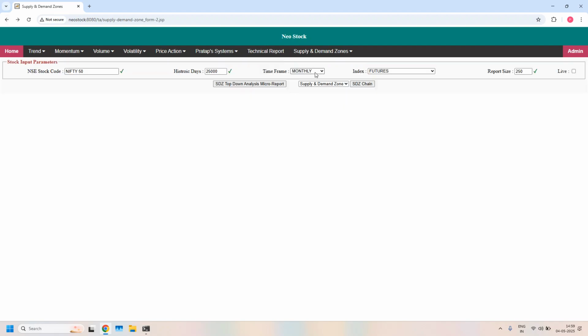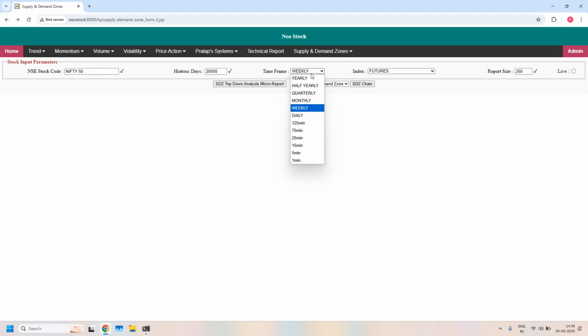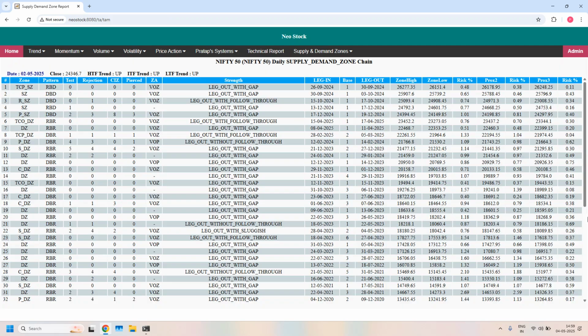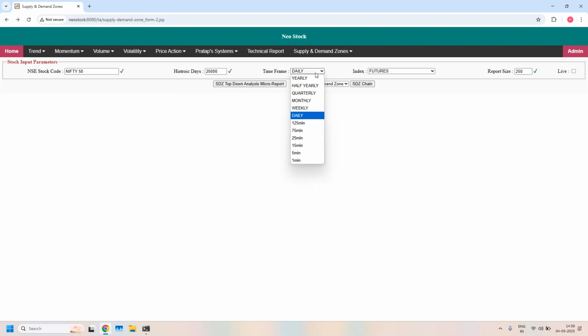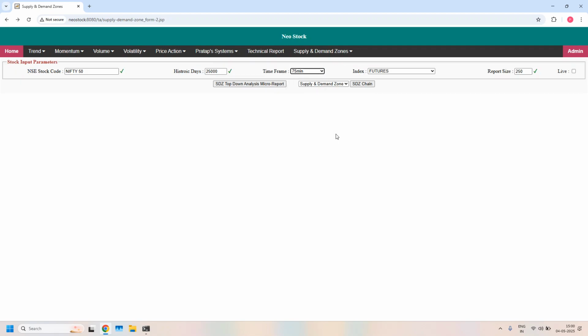Okay, next, generating weekly supply demand zone chain for NIFTY. Next, generating daily supply demand zone chain for NIFTY. Next, generating 125 minute supply demand zone chain for NIFTY. Next, generating 75 minute supply demand zone chain for NIFTY.